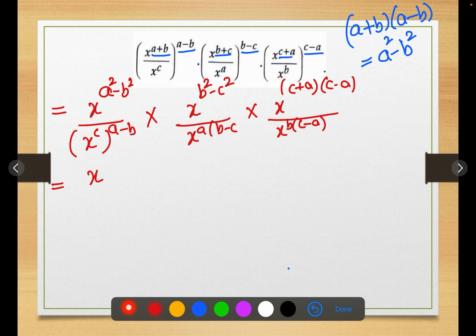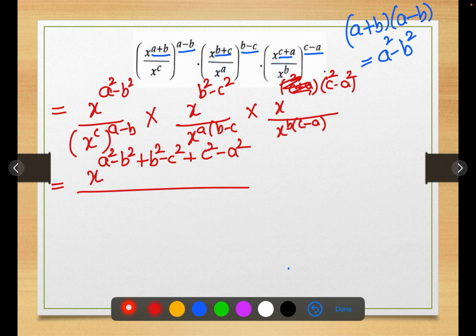So x to the power a square minus b square plus b square minus c square plus, I forgot to write here, c square minus a square, so c square minus a square upon x ca minus cb plus ab minus ac plus bc minus ab.